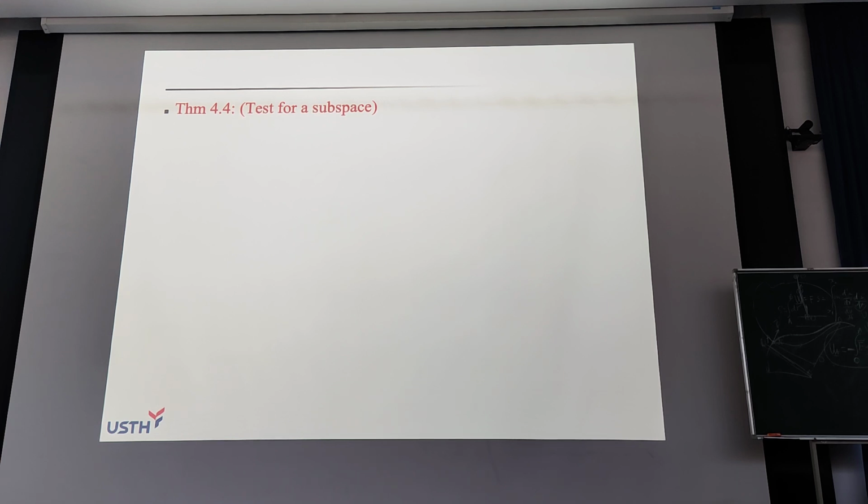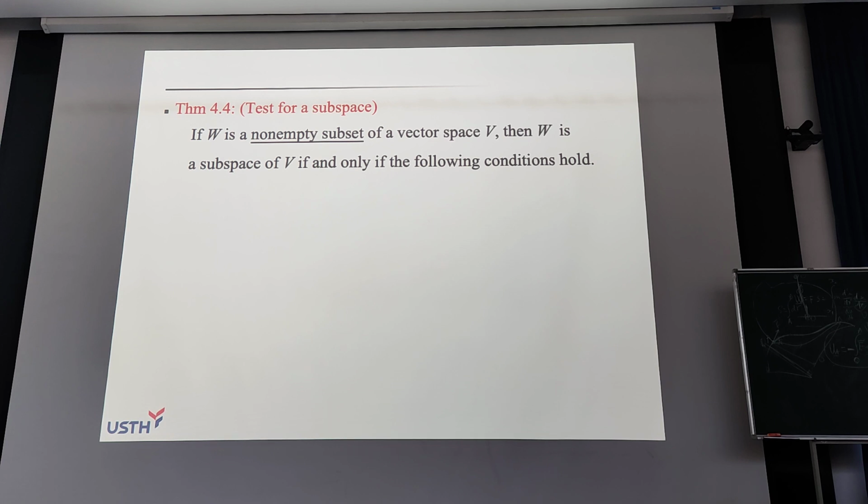Before going into the examples, I tell you once again about property number 1 and property number 6. Suppose that we are given a subset W inside V. We need to verify if W is a subspace or not.